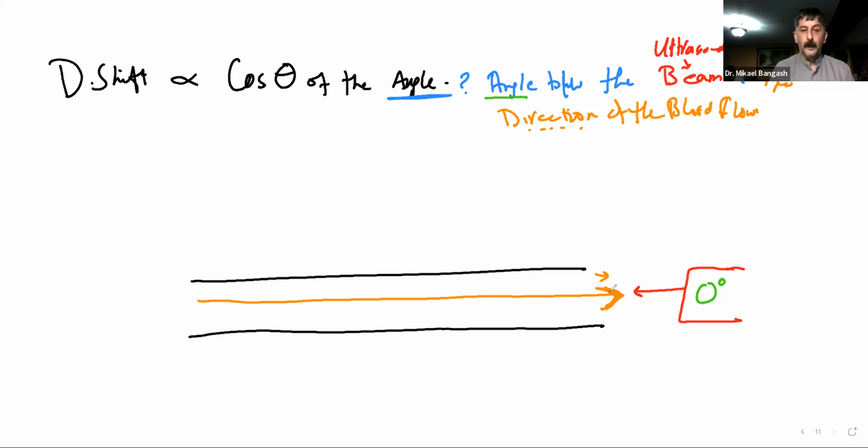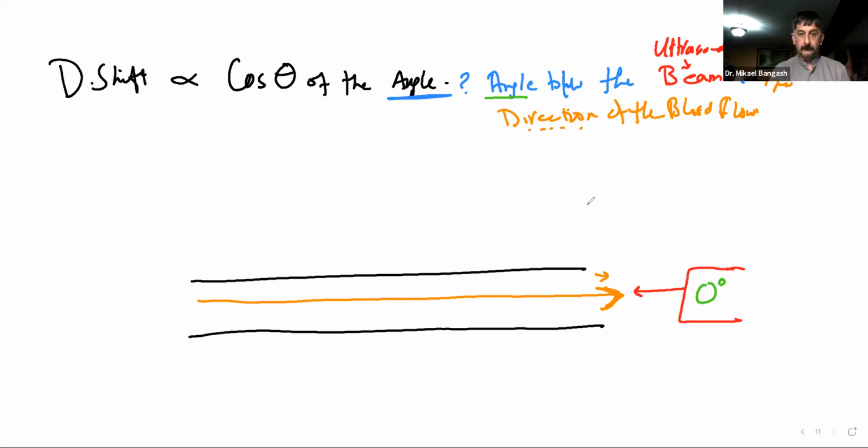Now, we can also have a 1-degree angle, a 2-degree angle, a 3-degree angle, 4 degrees, and so on. But we're not going to go into each individual angle.